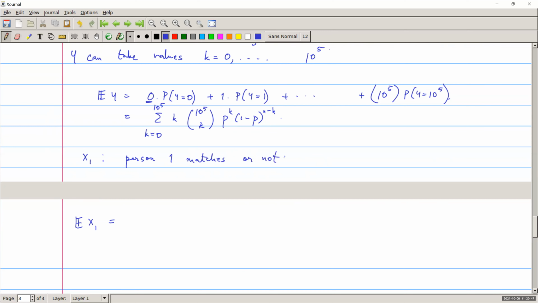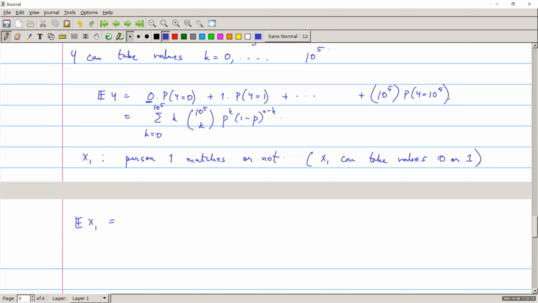X1 is 1 if person 1's DNA matches the crime scene, 0 if it does not. What's the expectation of X1? X1 can only take two values, 0 or 1.